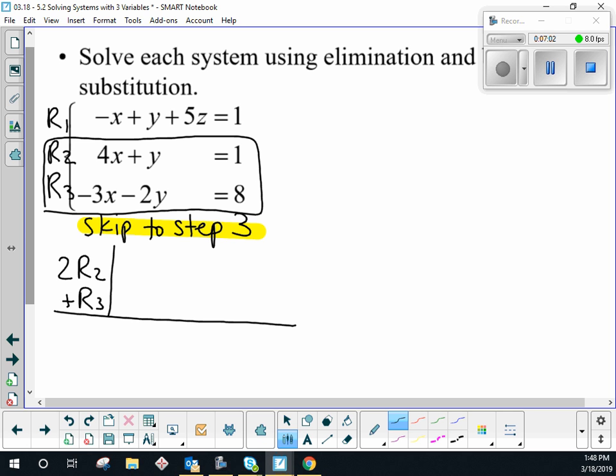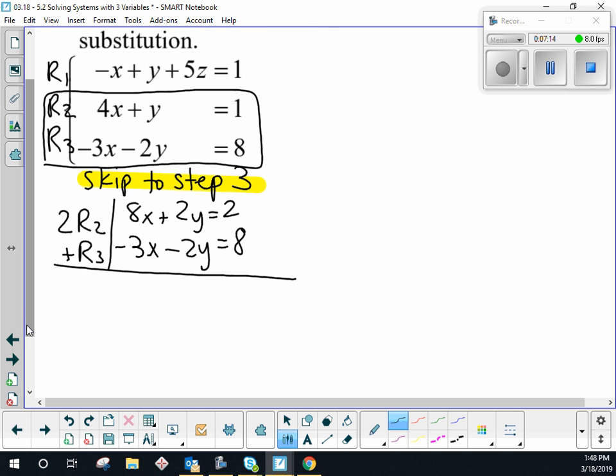So 2 times row 2 gives me 8x plus 2y equals 2. And row 3 stays the same. And so we add them, the y's cancel out, and I'm left with 5x equals 10.